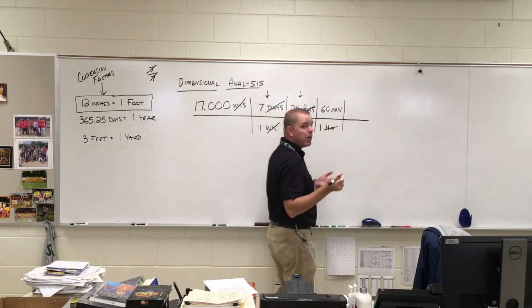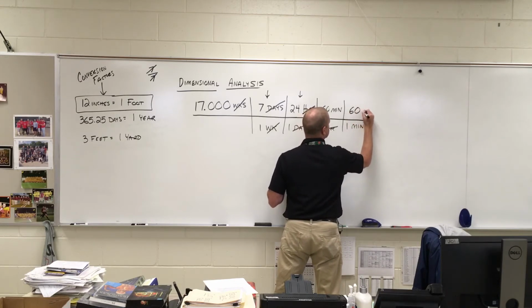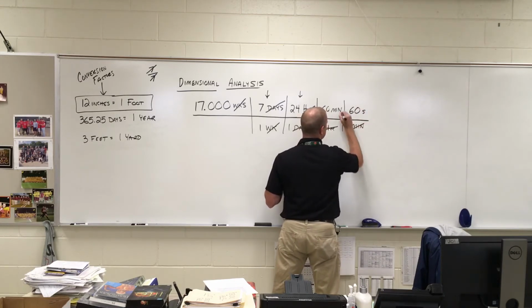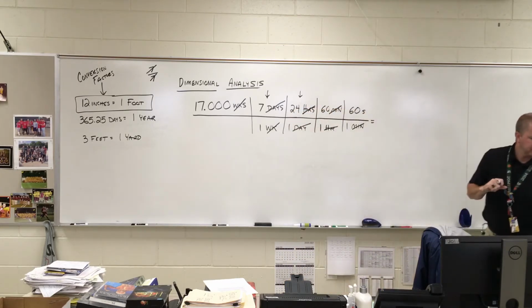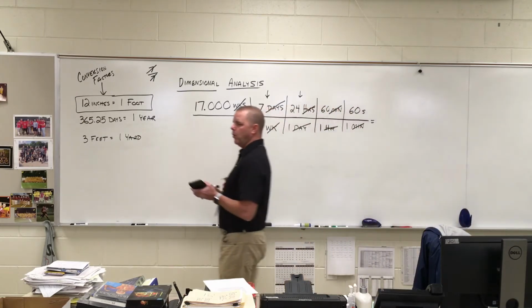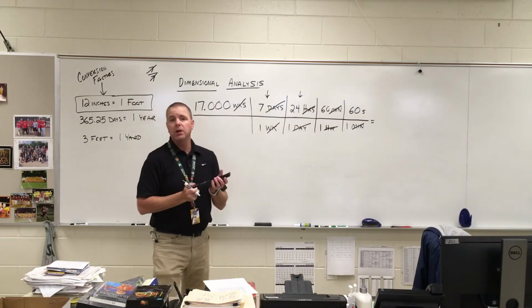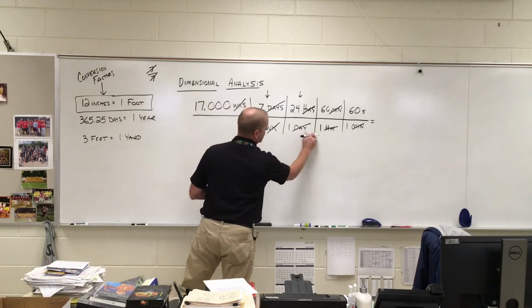Now, we have one more thing that we need to do, and that is in 1 minute, there is 60 seconds. Minutes canceling minutes, right there. Now, we come over here, and it's a coincidence, by the way, that these all end up being ones on the bottom. We'll do a problem eventually where that won't be the case, okay? But right now, we just end up with 1, 1, 1, 1, 1.